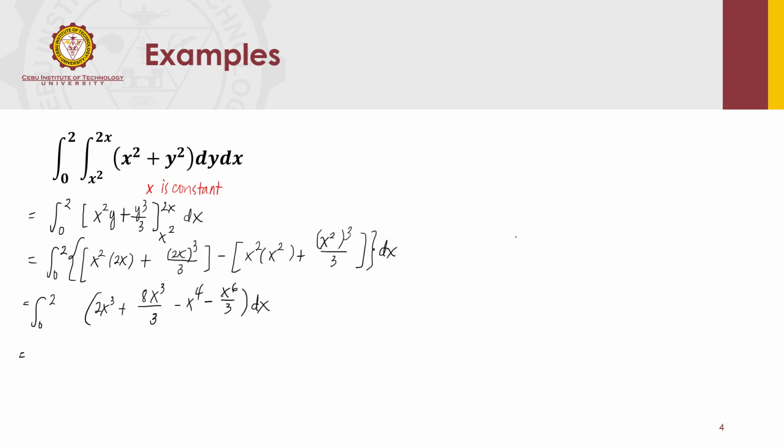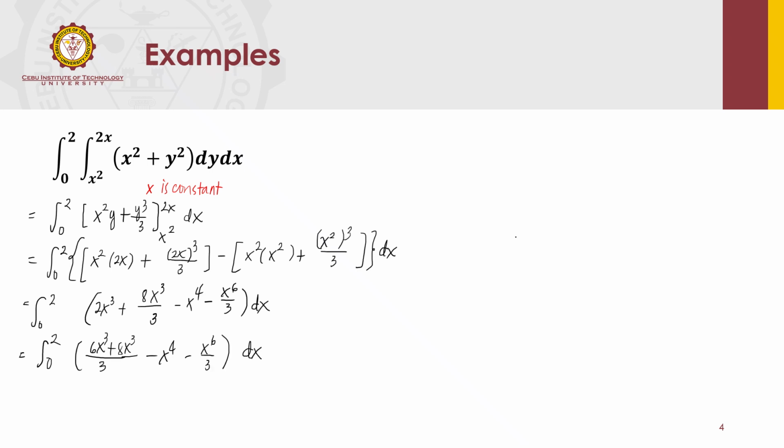All right, so now we integrate with respect to x. We can combine first these two since they are x cubed terms. We get the LCD, which is 3, so 3 divided by 1 times 2x cubed is 6x cubed, plus 8x cubed, minus x to the power of 4, minus x to the power of 6 over 3.